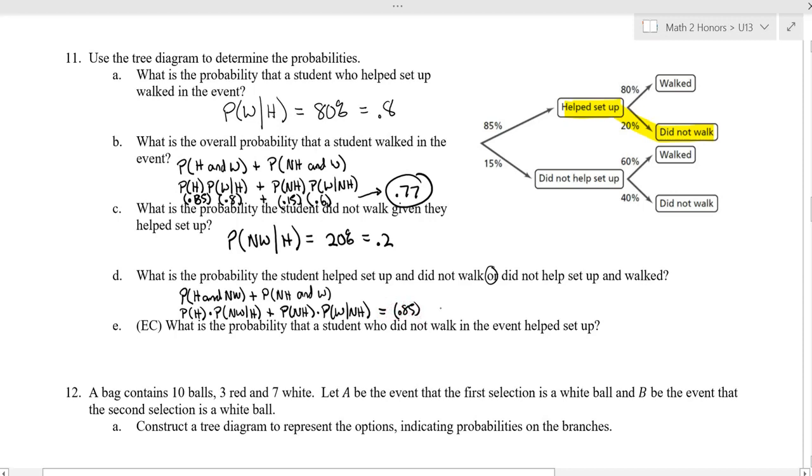Probability of not walking given that they helped is 0.2, plus probability of not helping is 0.15, and probability of walking given that they did not help is 0.6. When you work through that, you get 0.26.